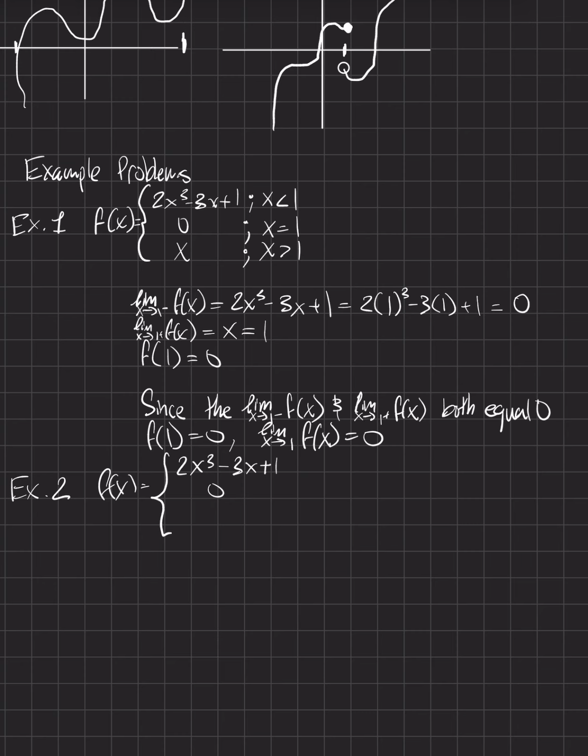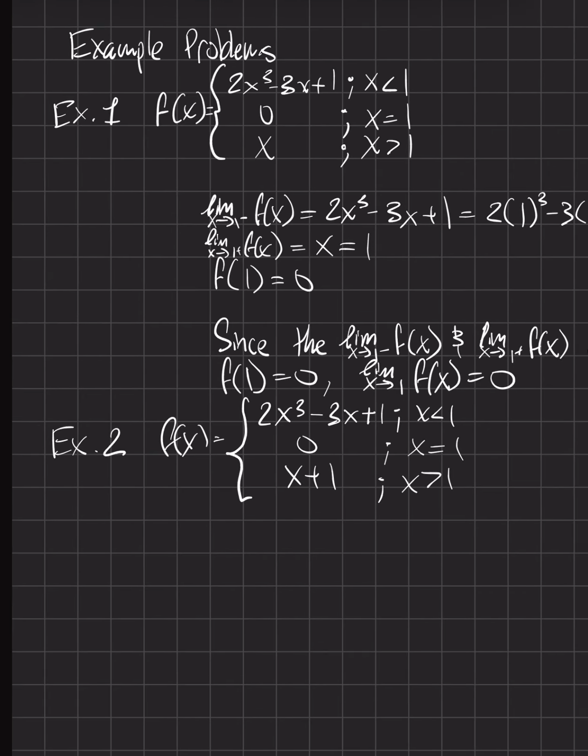Don't want this to be 0, but let's say it's x plus 1. And then we're still going to have it where this one is for x less than 1, this one is where x is equal to 1, and this one is where x is greater than 1.